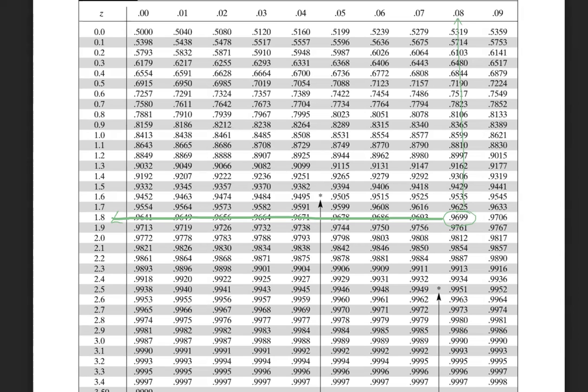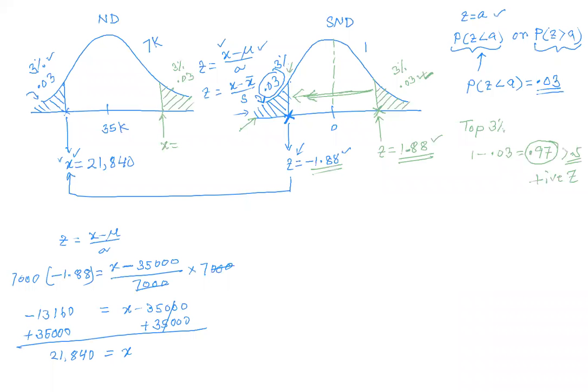Okay. So now let's bring back the rest of the stuff. So z is 1.88. So the rest is easy. This z value is going to map to this x value here. So z is equal to x minus mu over sigma.